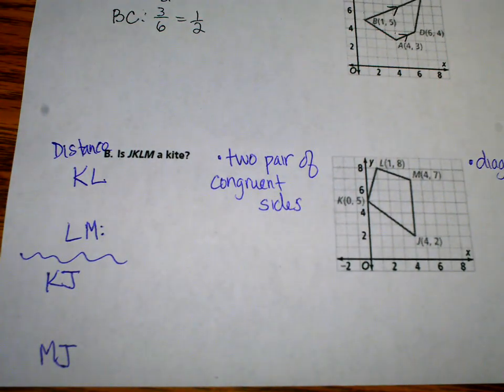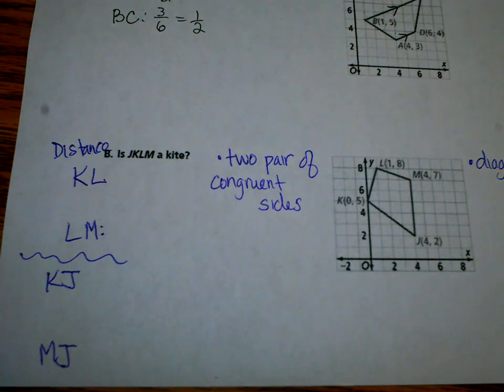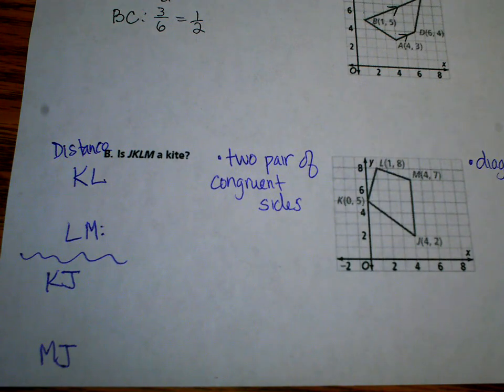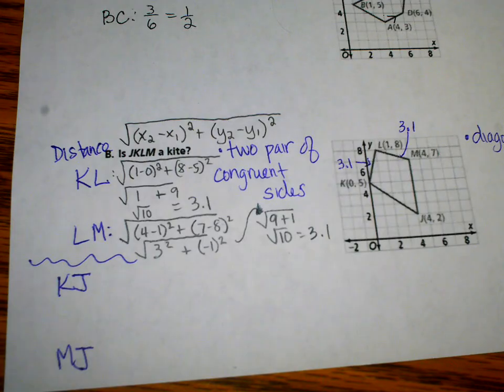All right, so what I'm going to do is I'm going to have you press pause, and I'm going to have you work on that, and we're going to see whether this is a regular kite. We also need to talk about the diagonals next. So first things first, the distances of those four sides. So press pause and work on that independently.